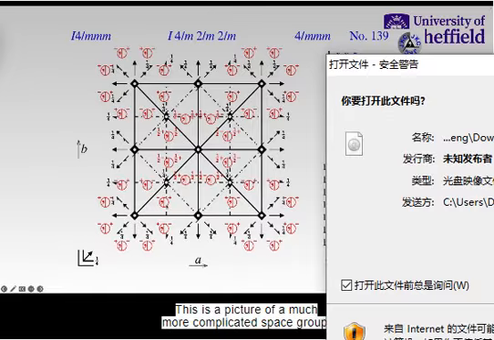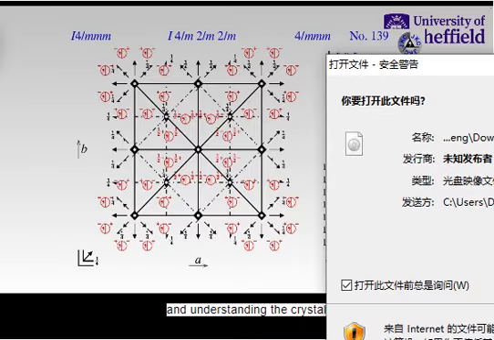So this is a picture of a much more complicated space group. This is the I4/mmm space group. This is a tetragonal space group that I'm showing here. And we can see lots of different symmetry elements on here. And so people draw up tables, and there are various tables online showing these space groups that you can look up. But it's worth being aware of these space groups and what they mean and understanding the crystal symmetry of one of these things.